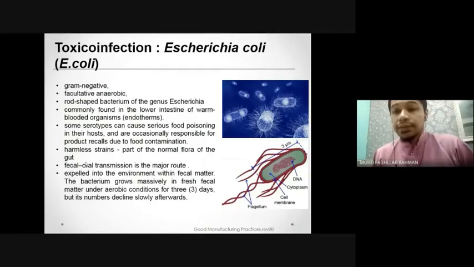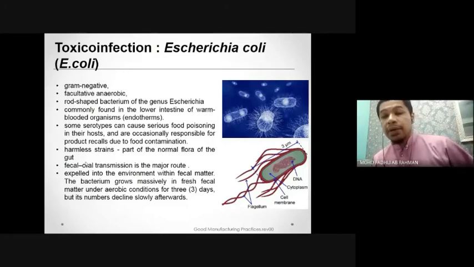Mostly this type of bacteria can be found in sewerage treatment plants. Sewerage plant. Okay, kat loji kumbahan. So some serotypes can cause serious food poisoning in their host and are occasionally responsible for product recalls due to food contamination.